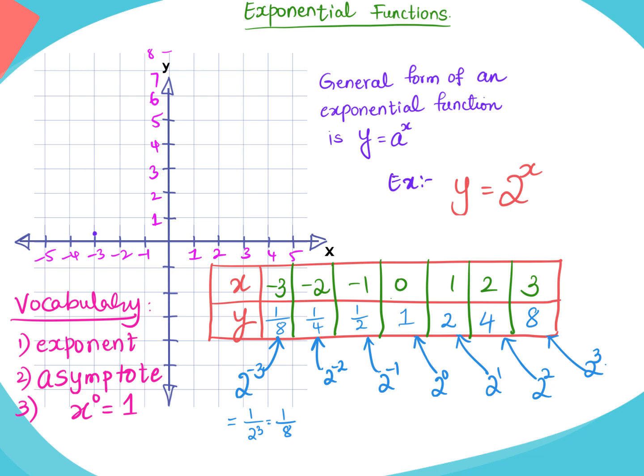When x is -2, it's 0.25, then 0.5. When x is 0, that's 1. When x is 1, you get 2. When x is 2, it is 4. When x is 3, it's 8, all the way up there.